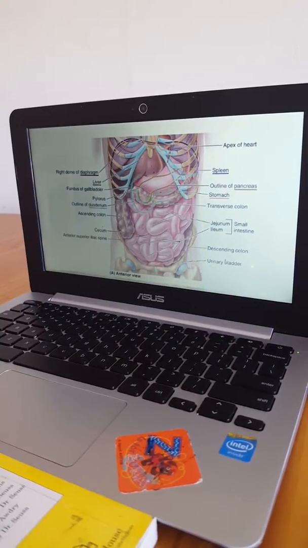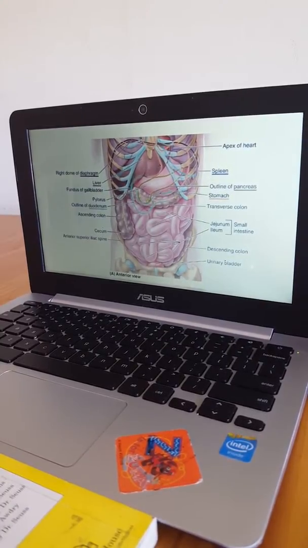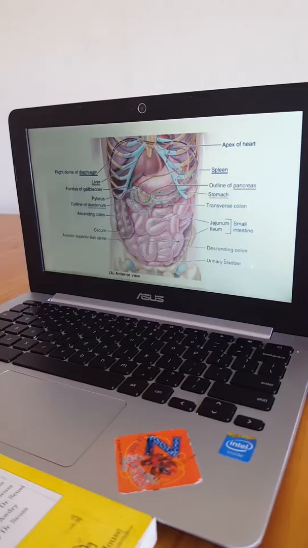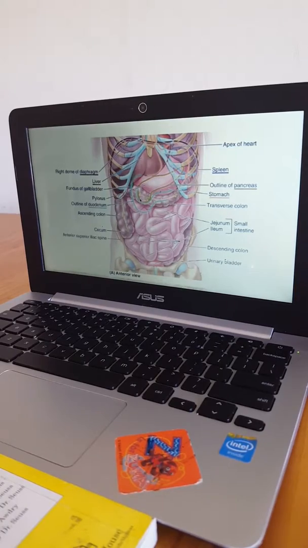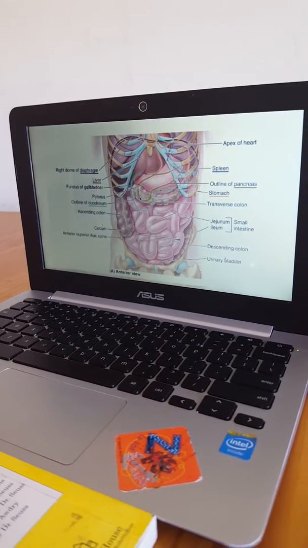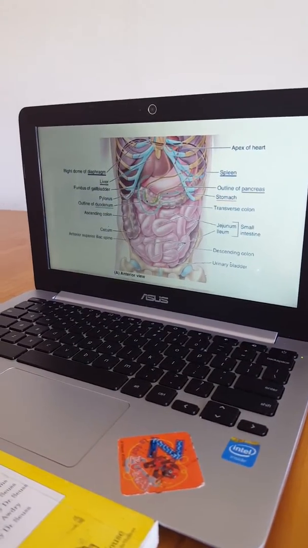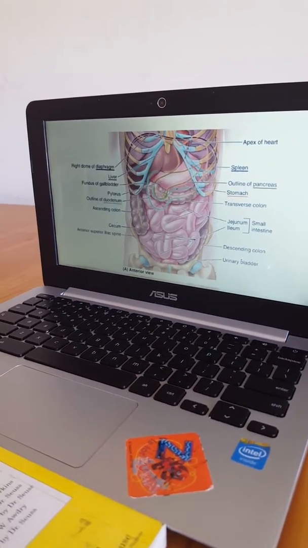If it's enlarged, it becomes more prominent at this area. It can be felt as a hard thing if it's cirrhosis, the condition in which there is fibrosis due to alcoholism or any other disease.